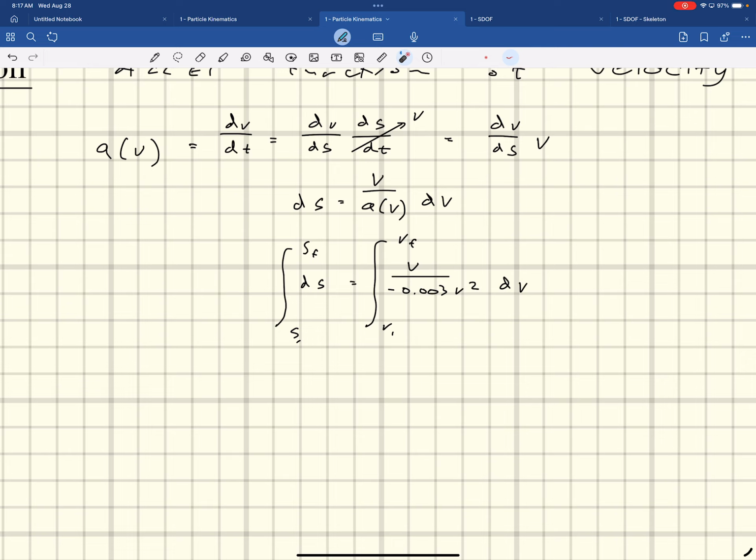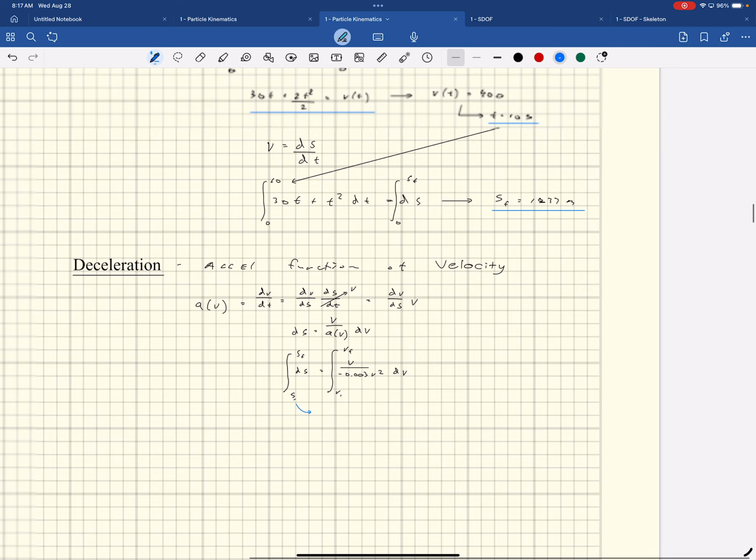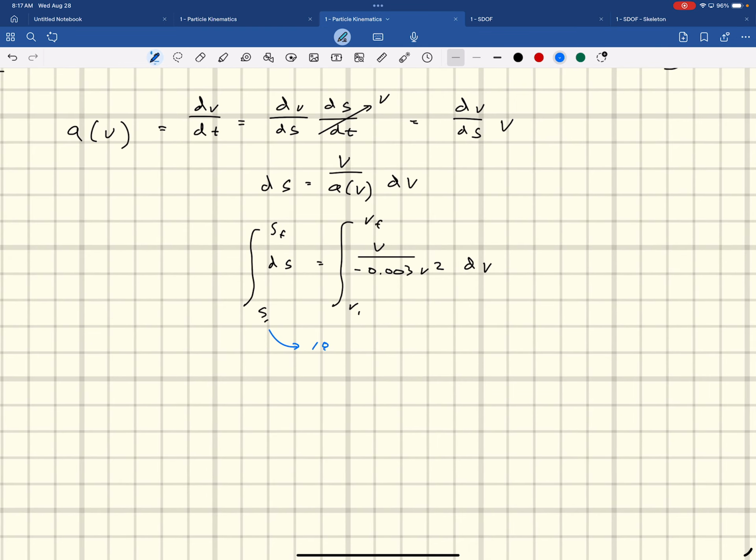So at this point we're going to carry out the integrals. Let's put some bounds on this first. This is going from one state to another state. It's going from 400 meters per second to 100 meters per second. It's decelerating. So we know some of these things. I know what the initial position is when this stage happens. This is what we solved before, 1833 meters.